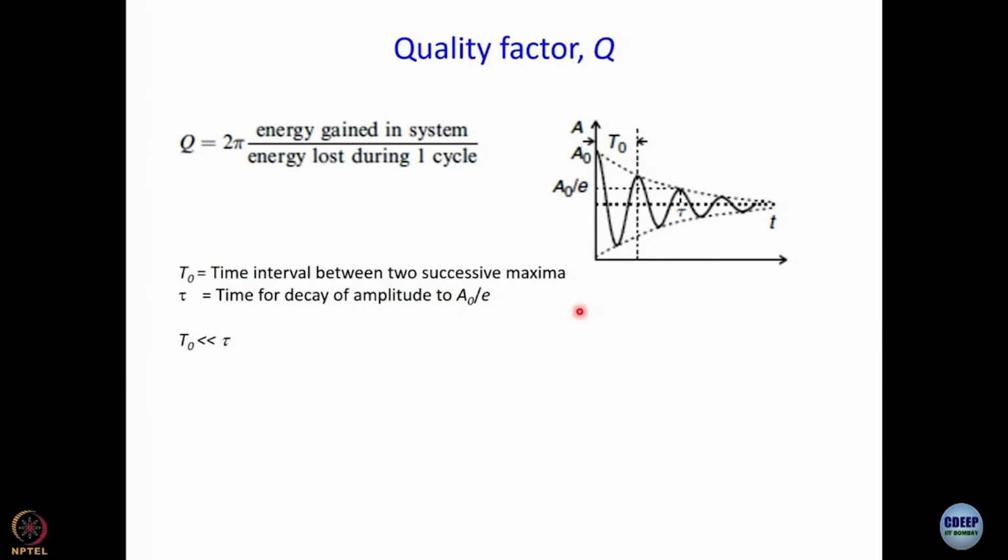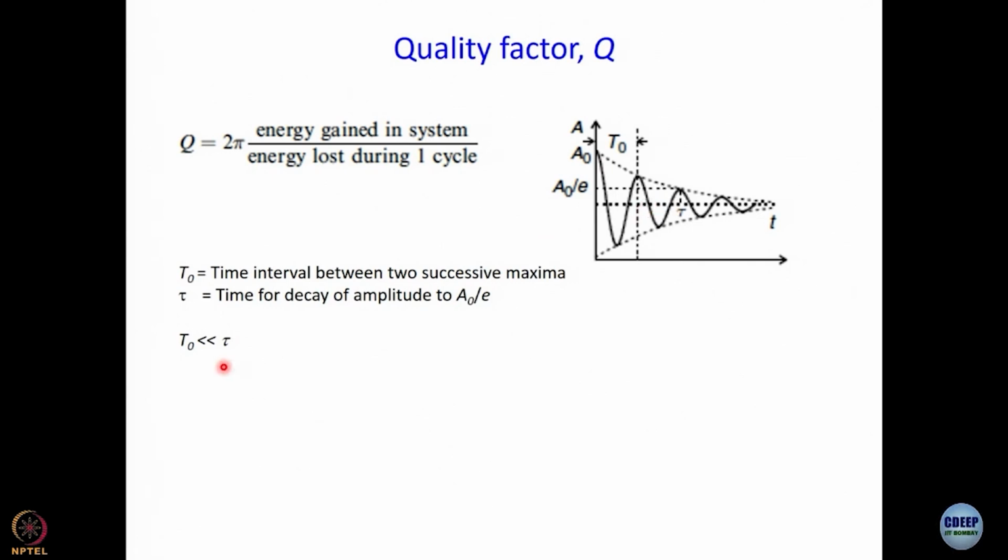It's sort of something like lifetime, time constant, right. Now, generally T0 is actually much smaller than tau, otherwise you have a very bad laser, all right. If it decays completely even before doing a cycle, then how will you work? So, this figure is just not to scale, it is done in such a way so that you can see all the quantities involved, that is all. But T0 is actually much smaller than tau, and we are going to use it shortly.